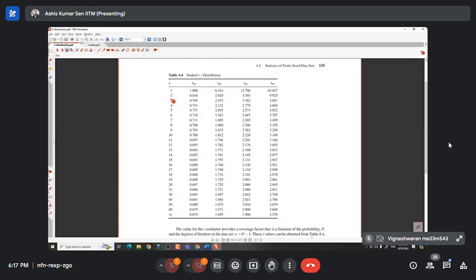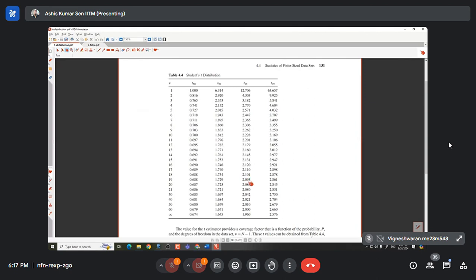But in this particular question that we are trying to solve, the degree of freedom ν is 19. So you go here, that is 19. And then we say that 95% of the data, so you go to 95% here, that is 2.093. So this is the value of t.